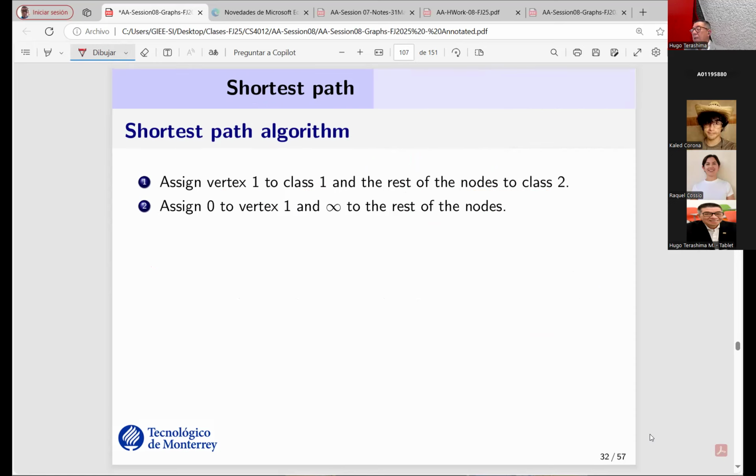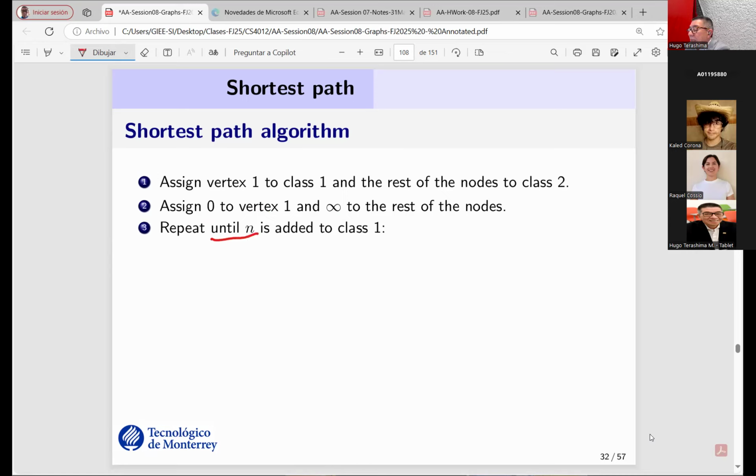Now assign 0 to vertex 1. So the minimum distance from vertex 1 to vertex 1 is 0. And assign infinity to the rest of the nodes, right? So that's the value that they are going to have at the beginning.